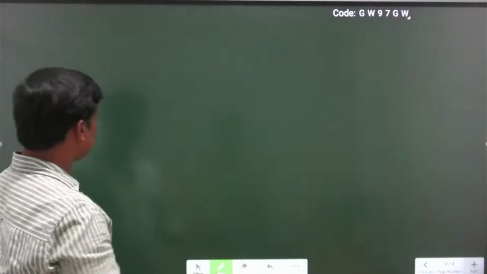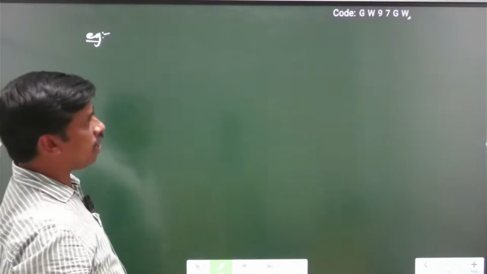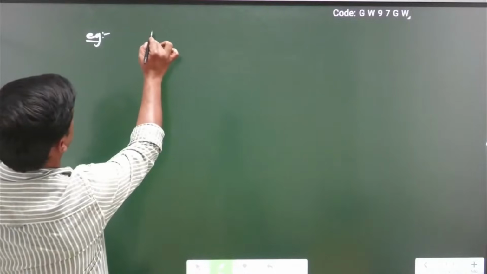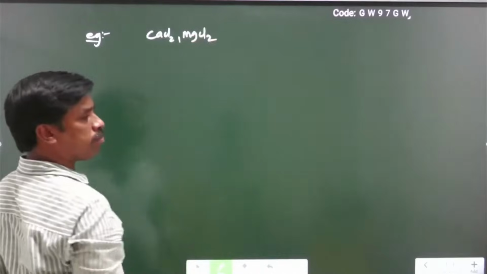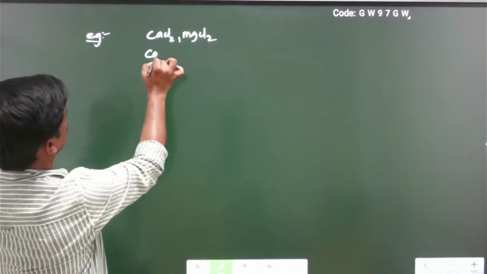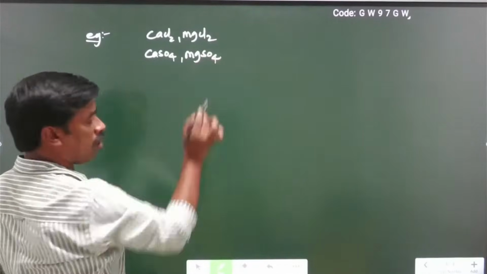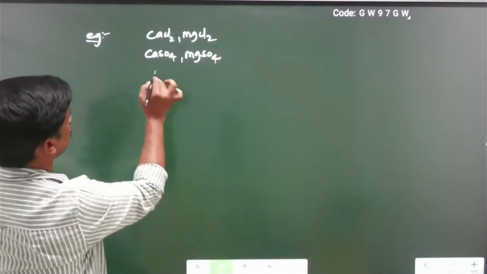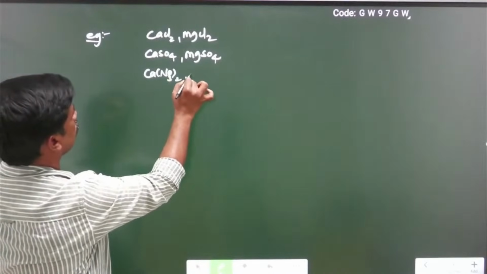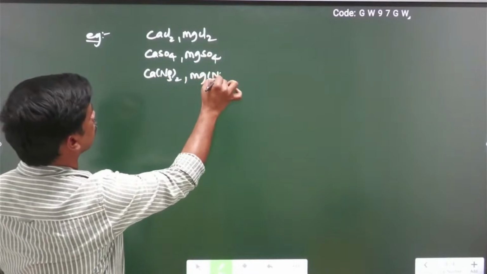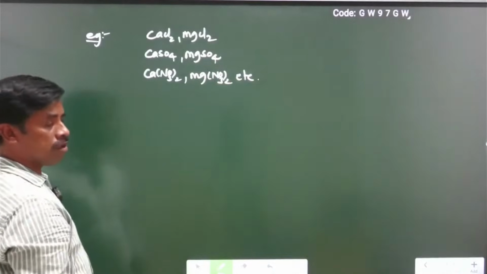Here, what are the examples of permanent hardness? Chlorides, sulfates, nitrates of calcium and magnesium. Calcium chloride and magnesium chloride are responsible for permanent hardness, and calcium sulfate and magnesium sulfate are also responsible for permanent hardness, and calcium nitrate and magnesium nitrate are also responsible for permanent hardness.